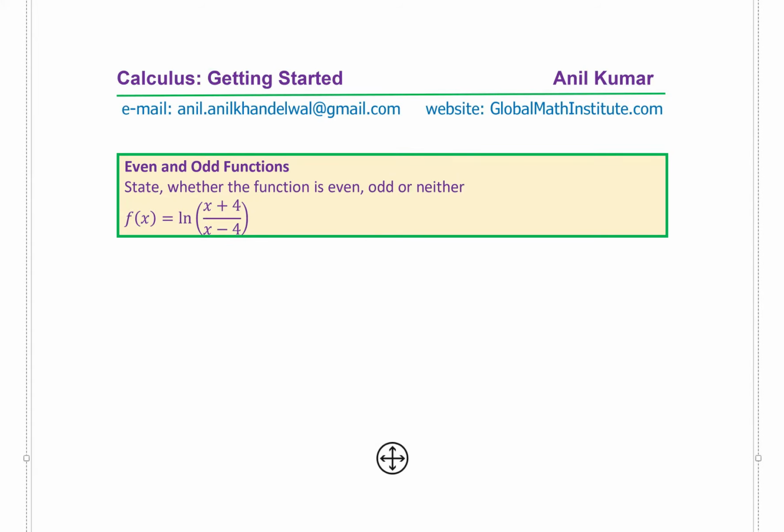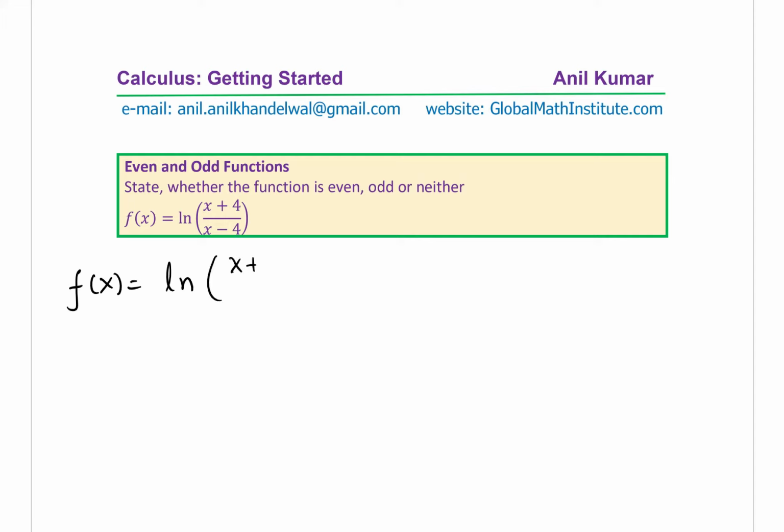Now we have one with natural logarithms. Let me rewrite this question. We are given f of x equals natural log of (x plus 4) over (x minus 4). Let's find what f of minus x is. Replace x with minus x. That is it, right? So what do we get?